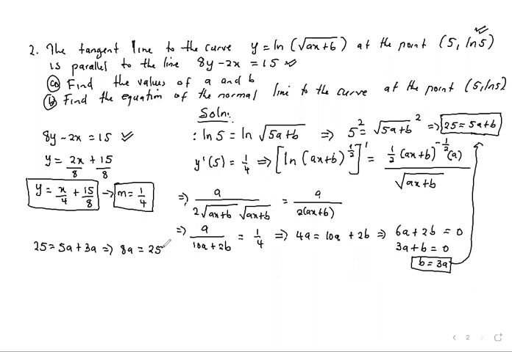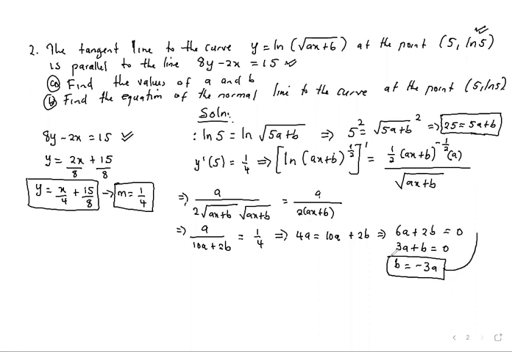Excuse me, sir. Is it not supposed to be negative B? Right. So B is supposed to be negative 3A. So that we have 25 is equal to 5A minus 3A.